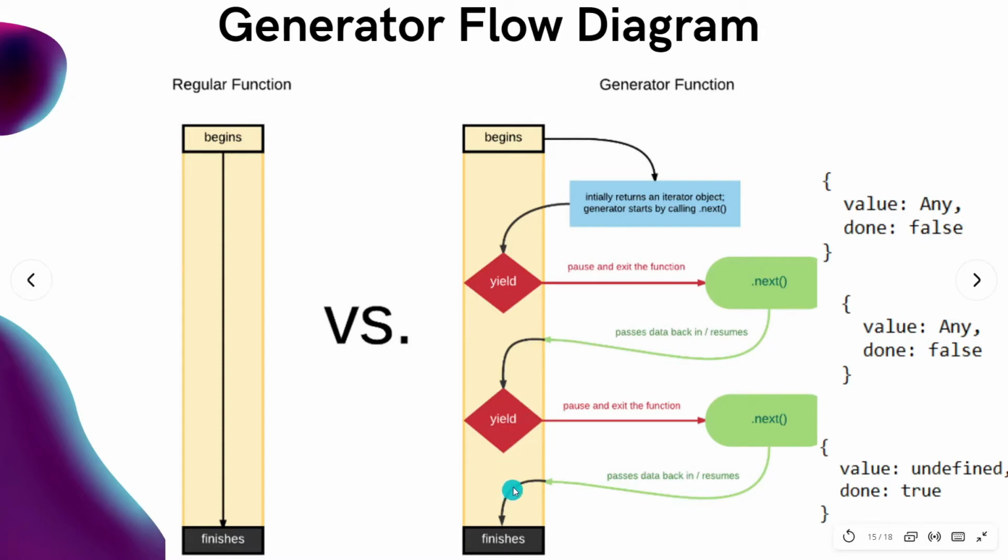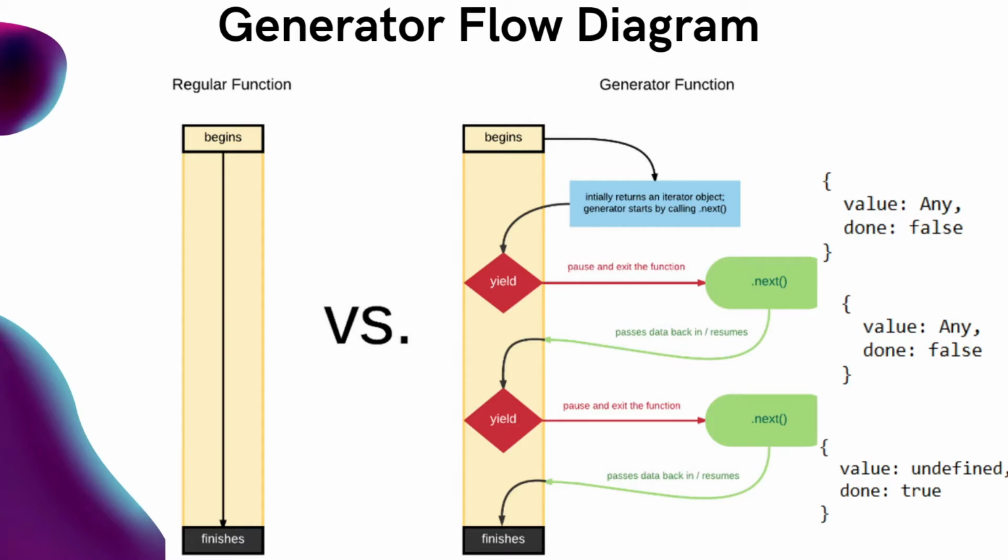When we don't have any other yield statement and you call the next method, this time it won't return anything. Basically it will return the value undefined, and done will be set to true.